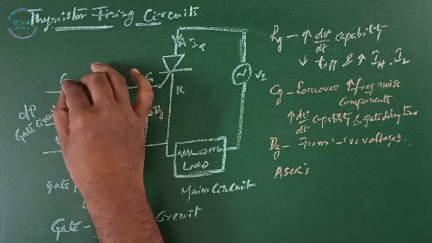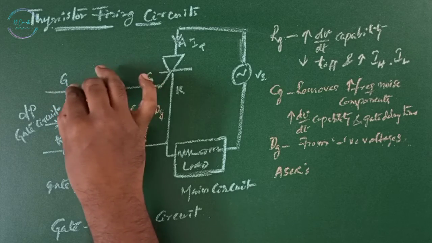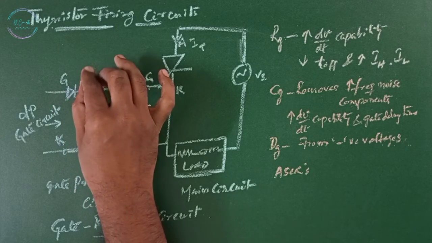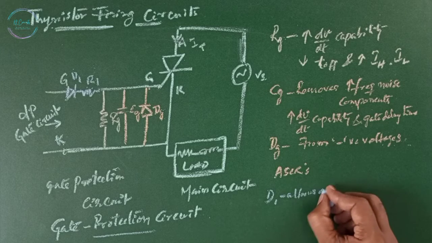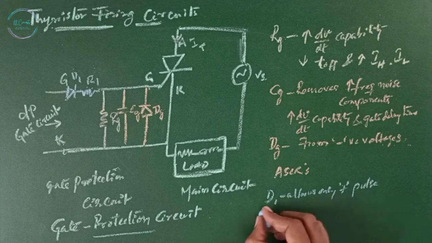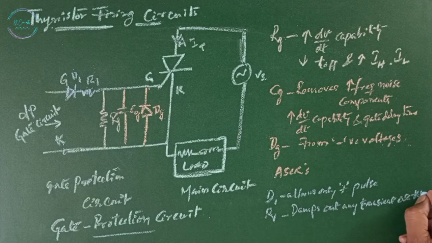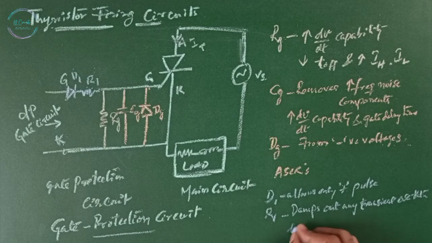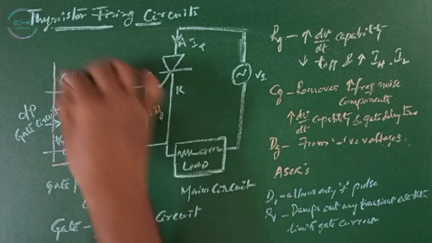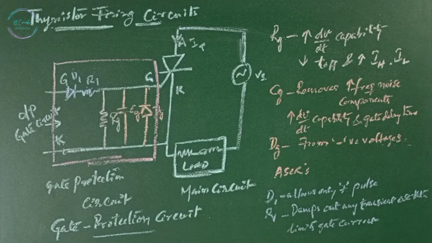All these features are combined with diode D1 and resistance R1. D1 allows only positive pulse and R1 damps out any transient oscillation and limits gate current. This is a gate protecting circuit to have all these advantages and protect the gate.